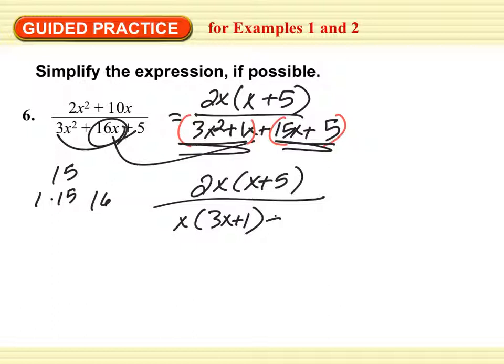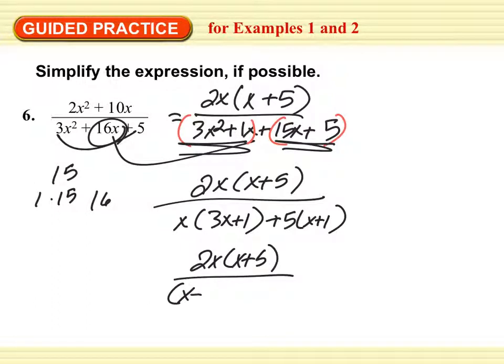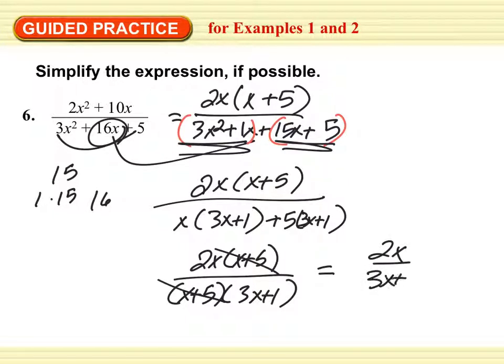Here I can factor out a 5, x plus 1, rewrite the numerator, and I get x plus 5, 3x plus 1. Hold on, I see a mistake right there. Sorry. That cancels. I'm left with 2x over 3x plus 1.